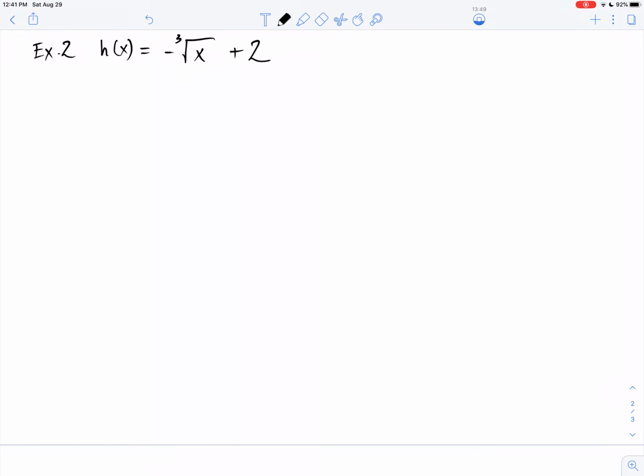That's my original function. So when I finally do get to the very end of this, my answer is going to be called h inverse. And since the original function is a cube root, my inverse is going to be a cubic. Cubic, C-U-B-I-C. Third power.